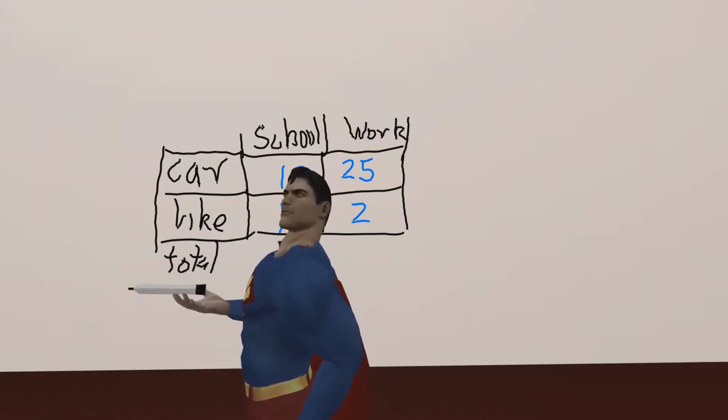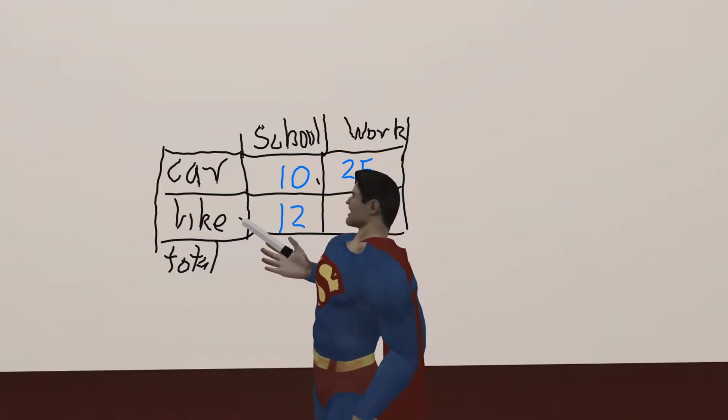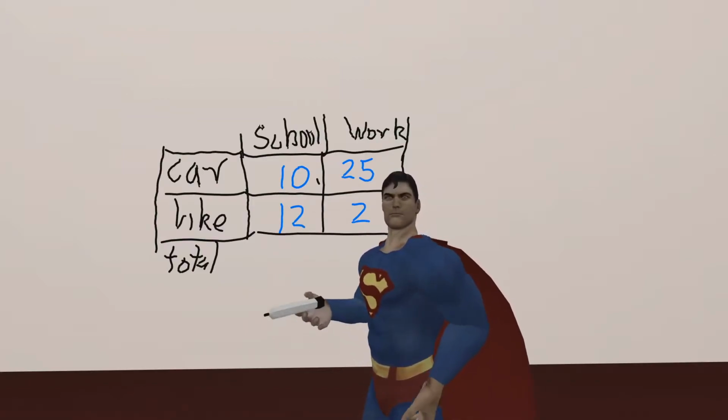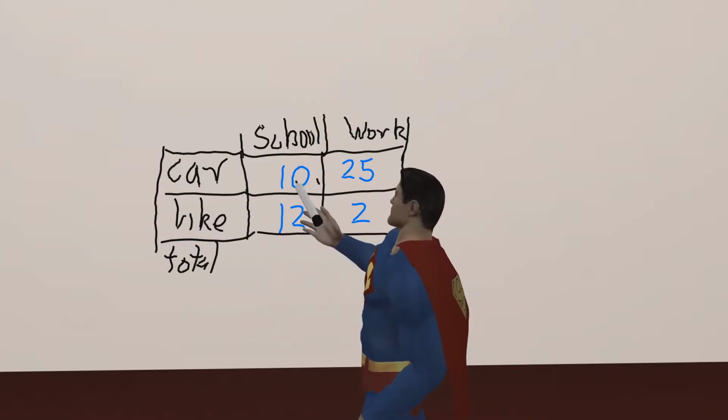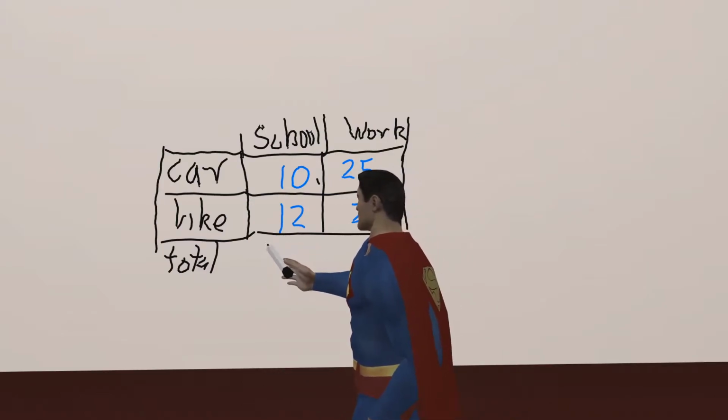So here I have my total, and I'm going to add up the amount of people who go to school. So we have 10 plus 12, which is 22.